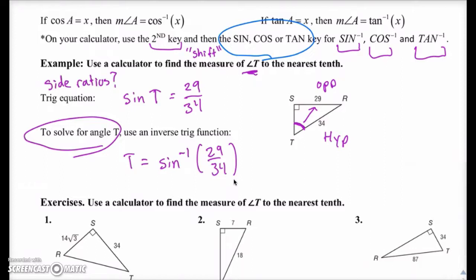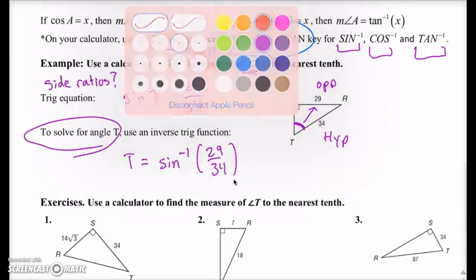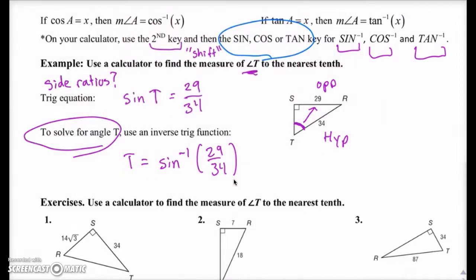So to plug this in the calculator, just like in words here, you're going to hit second, then you're going to hit the sine button, and by doing that, that will get you to your inverse sine. So put this in your calculator.